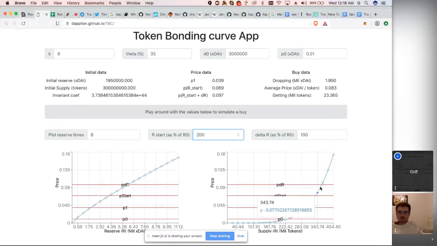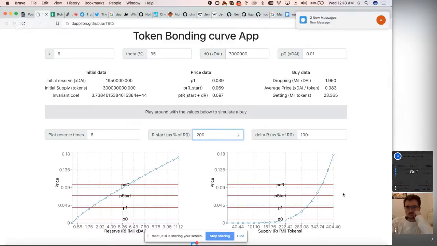But because the slope is steeper here, that same amount of money is getting him fewer tokens. And therefore the price increase is even less, because he's getting fewer tokens for the same investment, so the increase in price after that investment is less than after the last investor.